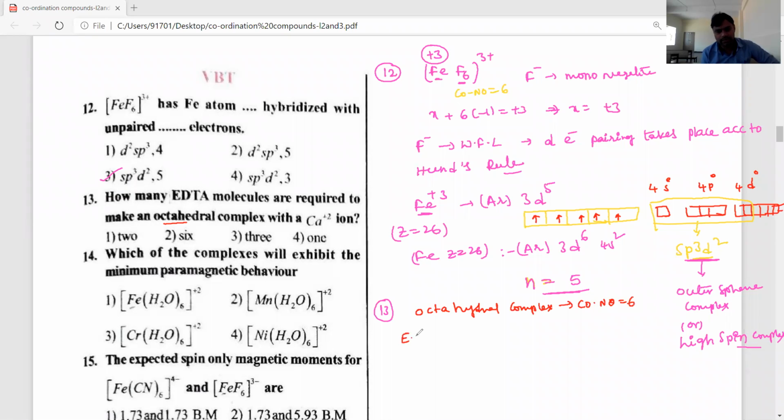We already discussed the structure of EDTA. EDTA is a hexadentate ligand, which means 6 donor atoms are present. To form an octahedral complex, how many EDTA molecules are required? 1 is enough. One EDTA molecule is enough to form an octahedral complex with calcium plus 2 ions.